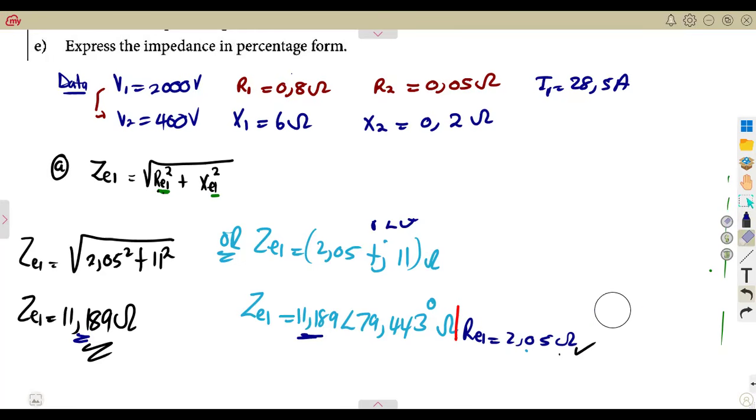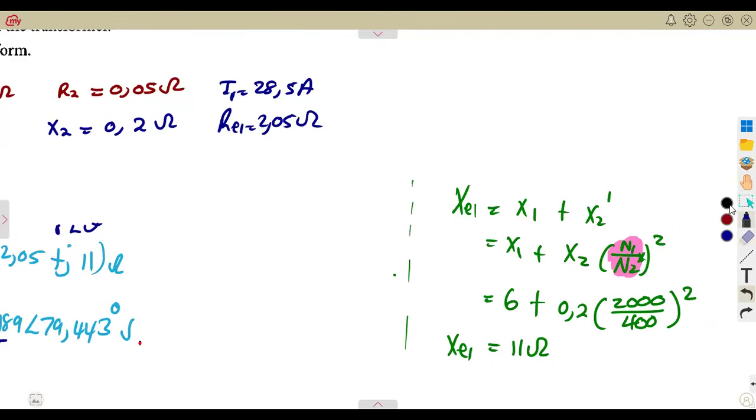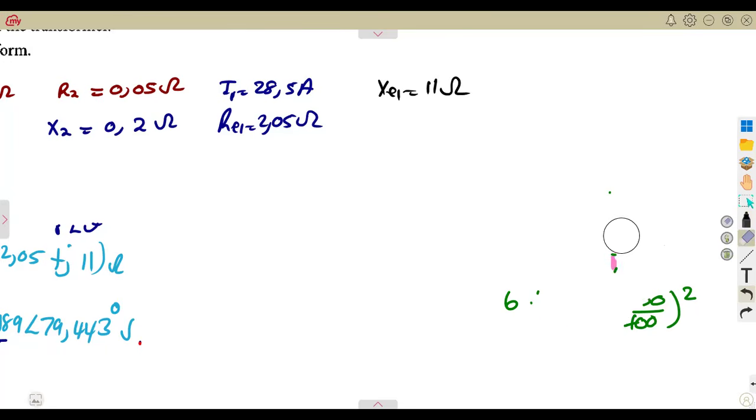All right, so this is what we had. Just in any case, maybe we might need this RE1. This is 2,05 ohms. Then our XE1, we calculated this, this is 11 ohms. Just in case we might need this in our calculation.